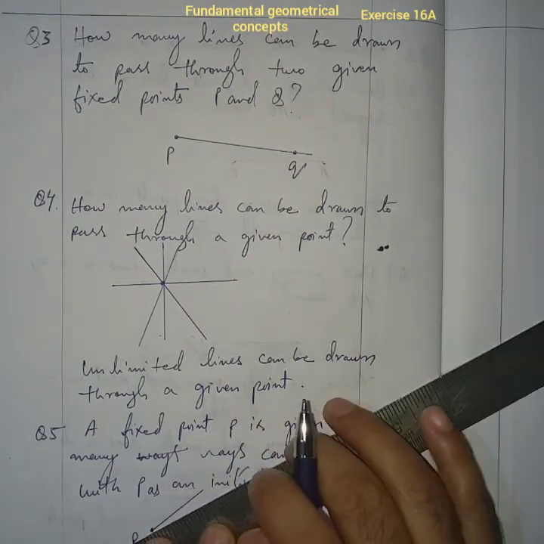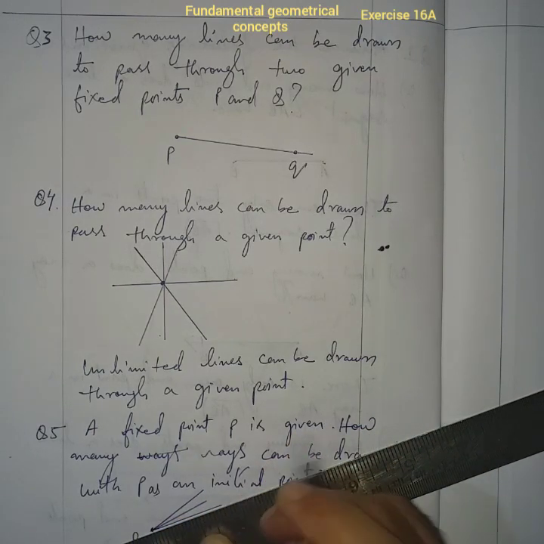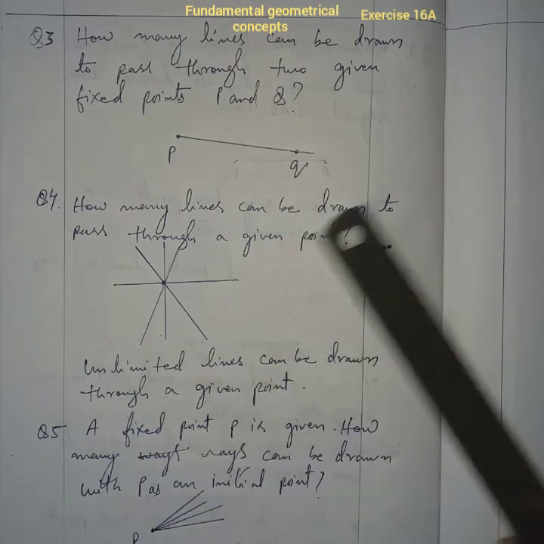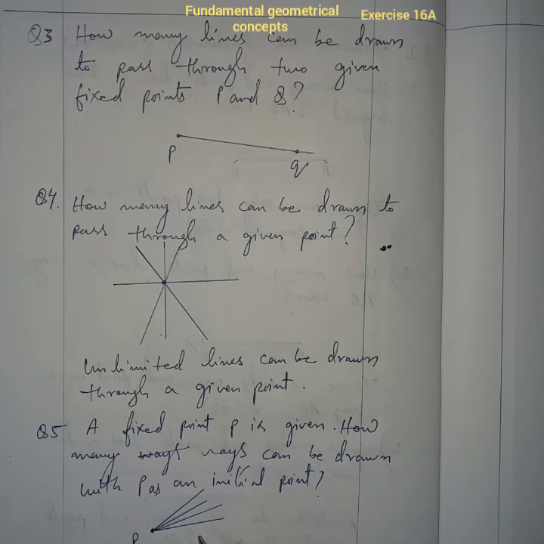1, 2, 3, 4. Okay, so here you can see as many as we wish we can draw rays.